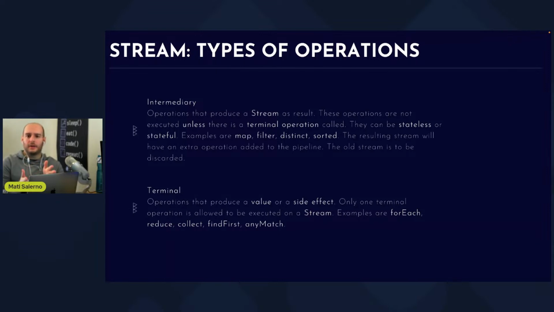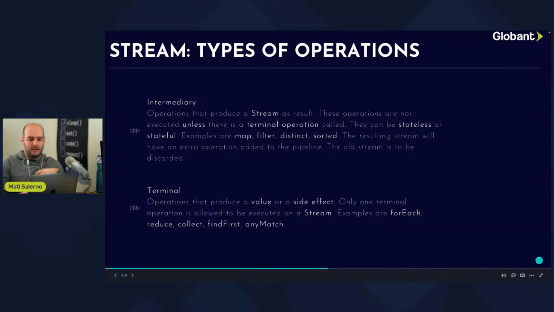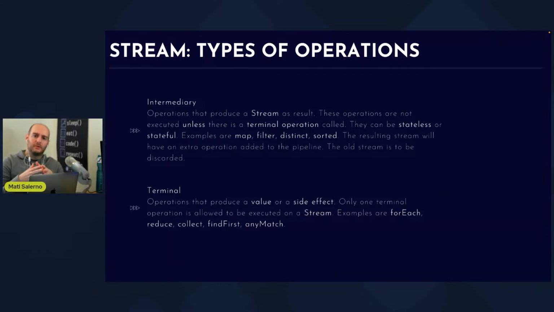Why did we use reduce? If you remember, we used reduce to do a sum of all the distances of a path. Remember that? Reduce is a terminal operation because once you do that, you cannot do anything else with that stream.